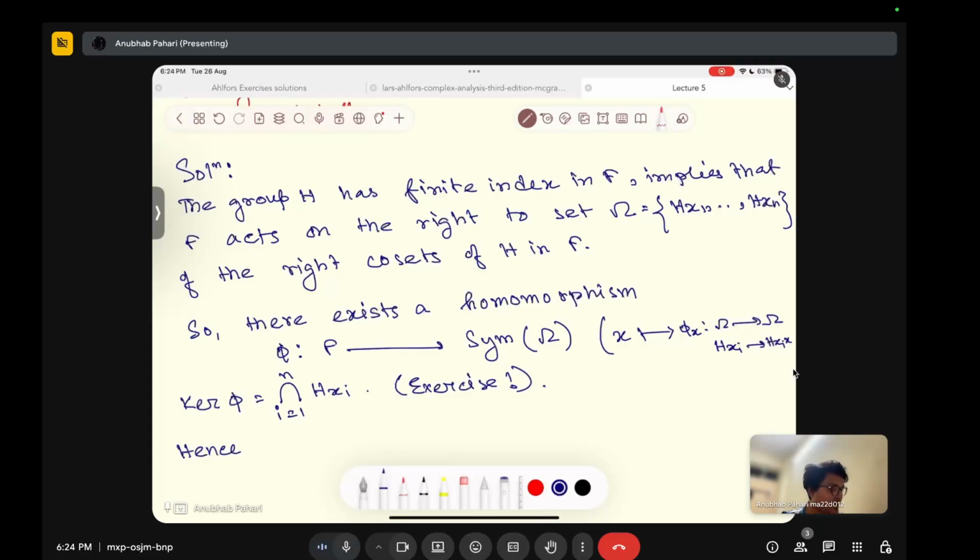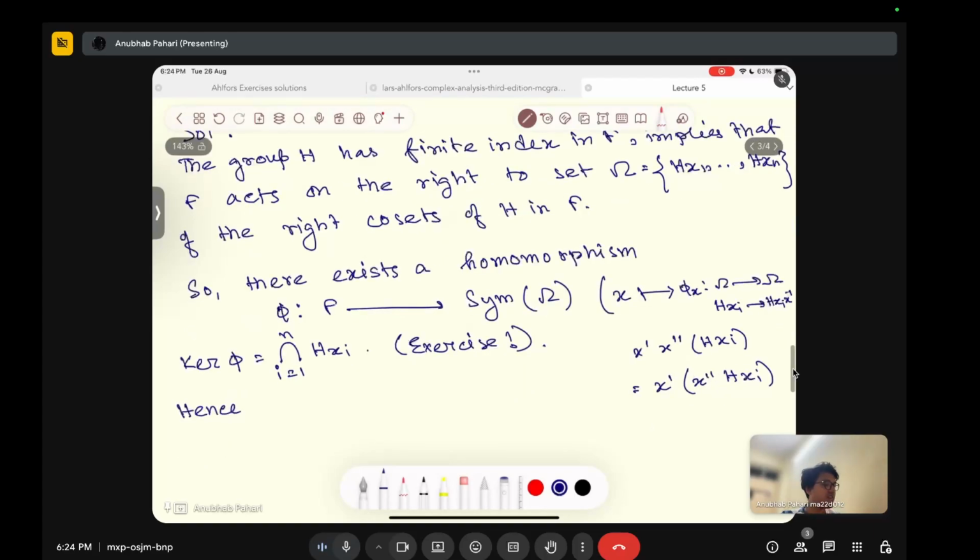I think this should be better written with x inverse, because for x prime and x double prime, the action of x prime x double prime on Hxi should be x prime acting on x double prime acting on Hxi.